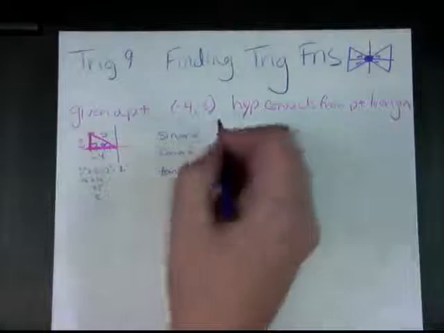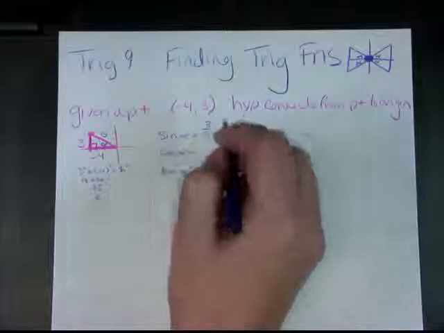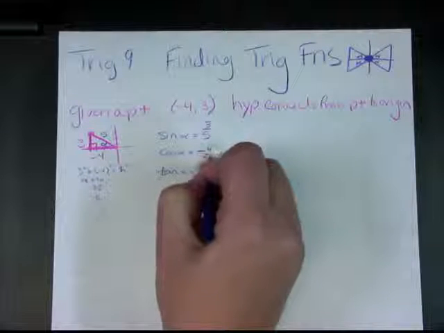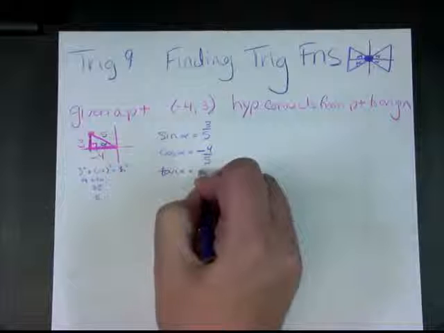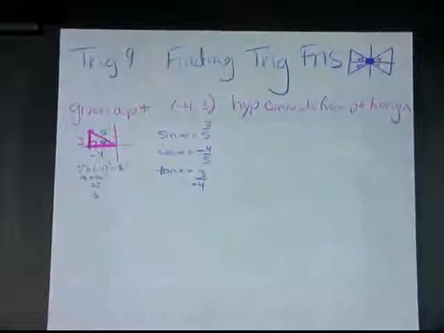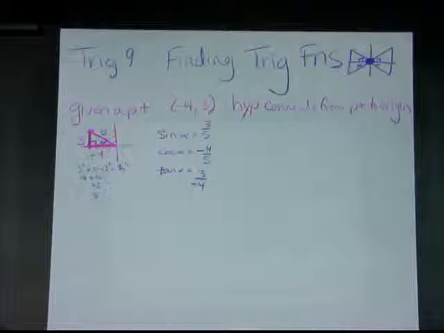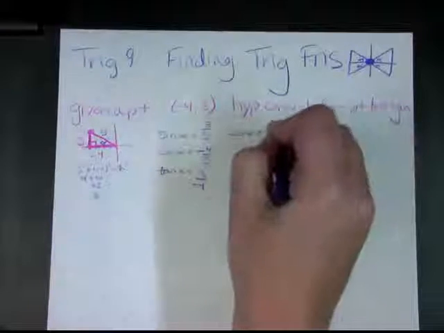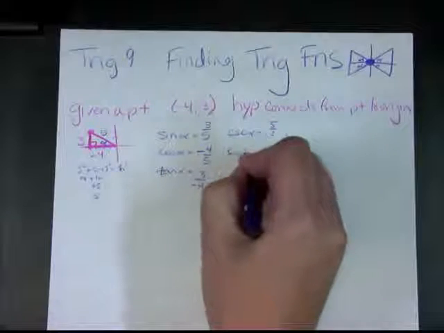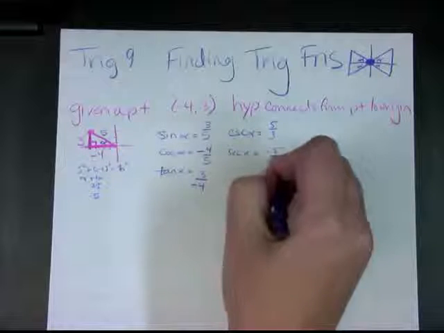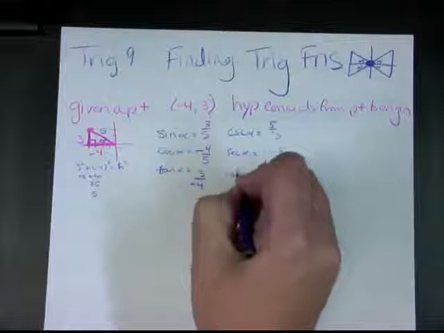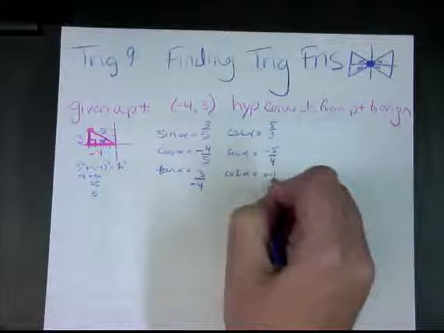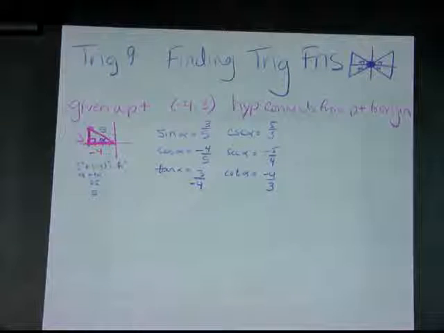So sine is opposite over hypotenuse, cosine is adjacent over hypotenuse, tangent is opposite over adjacent. Now the cousins are just the flips. Once I do the measures, all I have to do is reciprocate them, and I've got the other 3.